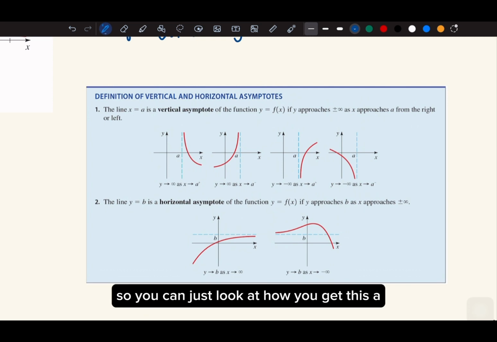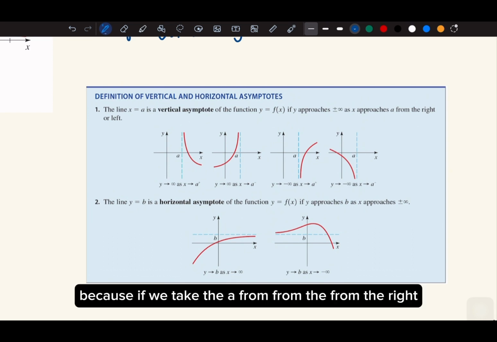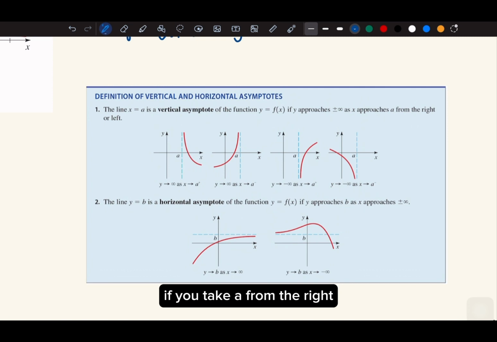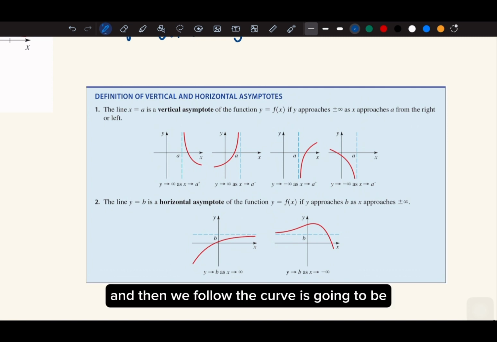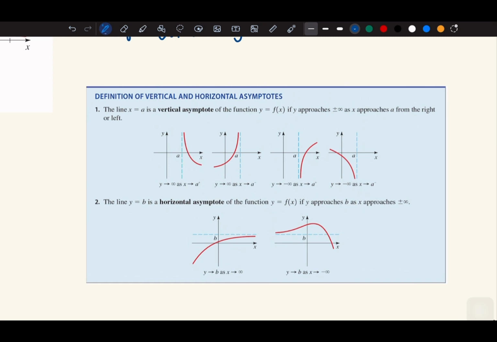So you can just look at how we get this A as an asymptote, because if we take A from the right and then follow the curve, it's going to be infinitely large, right? And if we take the second picture, it's also the same.